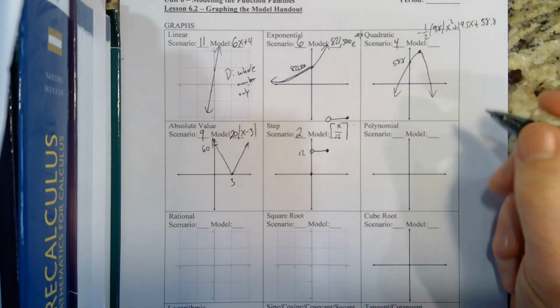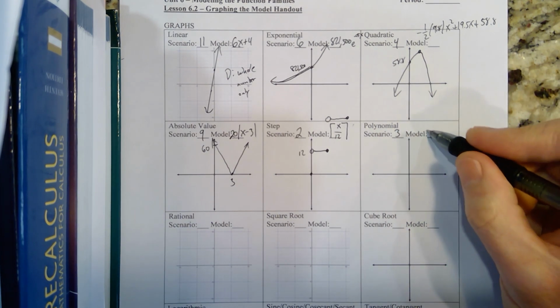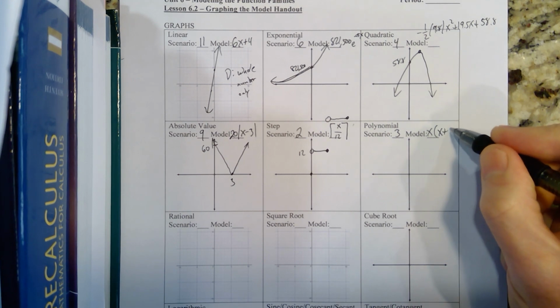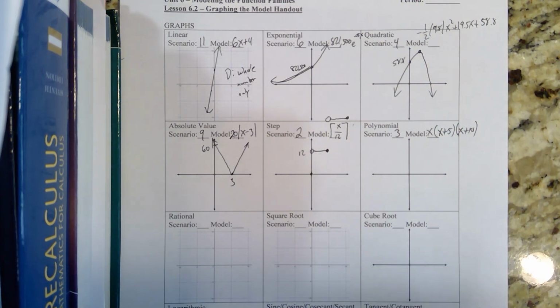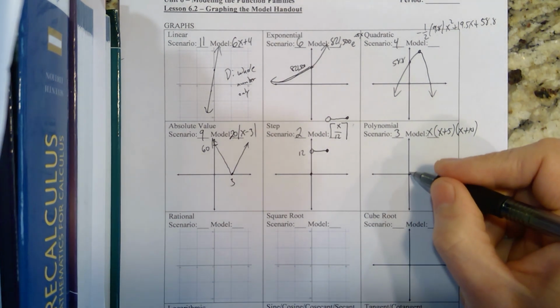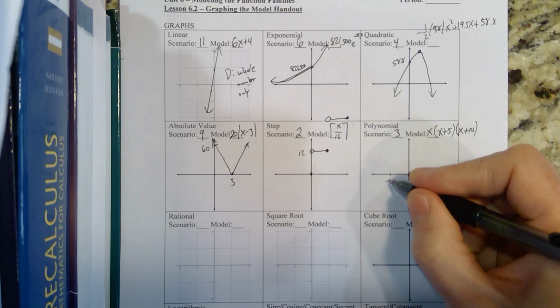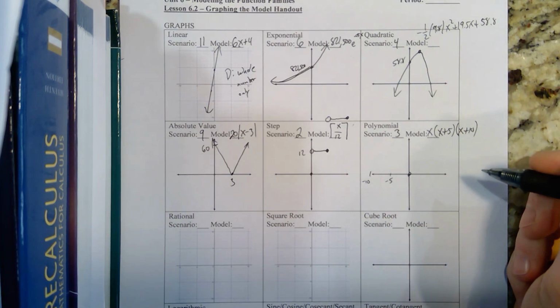All right, next, our polynomial graph. That was scenario number 3. And our model, x times quantity x plus 5 times quantity x plus 10. So we have zeros at 0, at -5, and at -10. They're all multiplicity of 1.